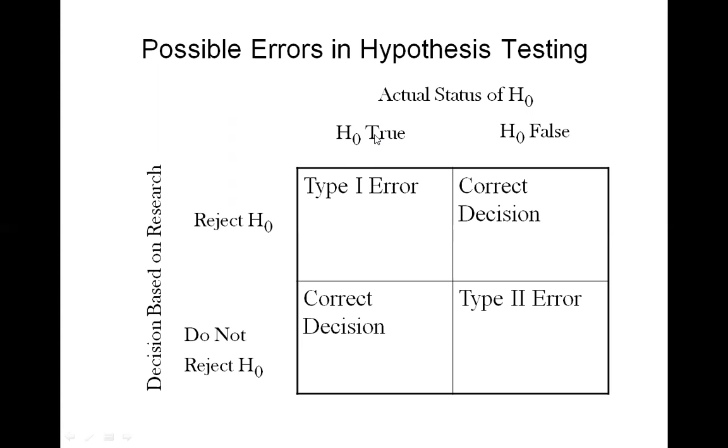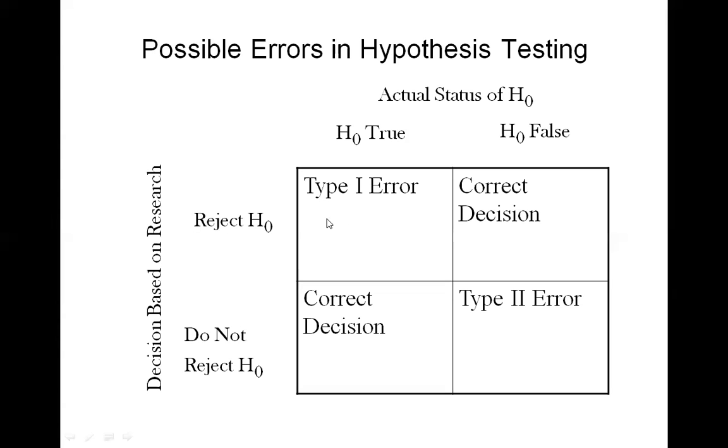When the null hypothesis is true, when there's no difference, remember the null hypothesis is no difference, no difference between the isolated kids and non-isolated kids in IQ. When this is true, and you reject the null hypothesis based on your research, that's a type 1 error.